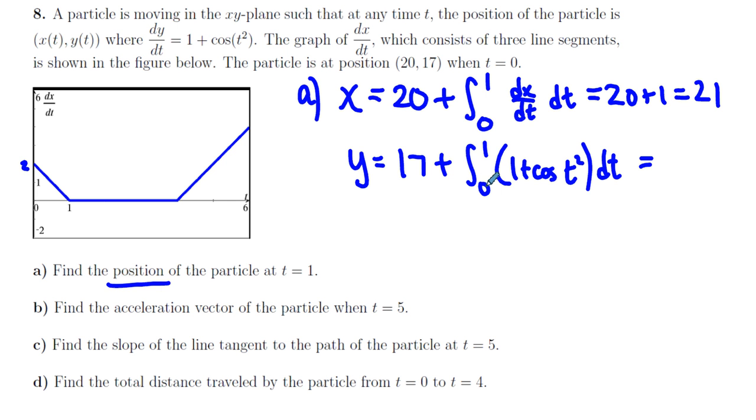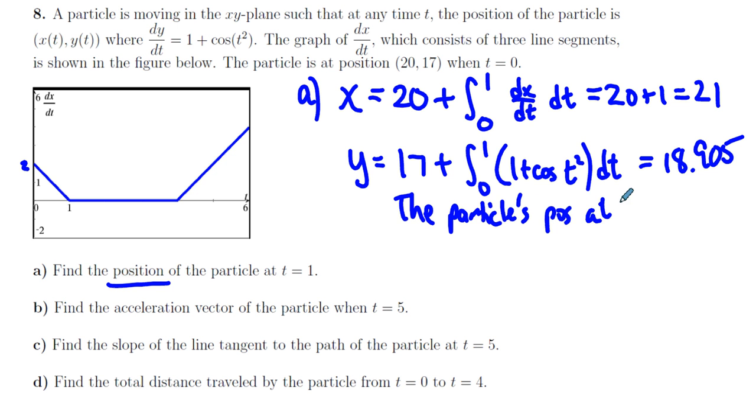We integrate that over the time interval we're looking for, and it takes us from what we know about to what we don't know about. Calculator does this for you. And so the particle's position at time equals 1 is 21, 18.905.